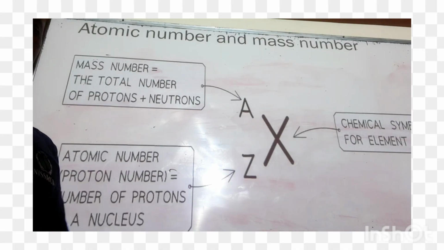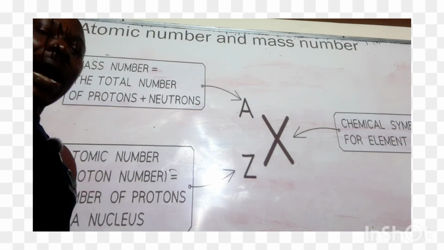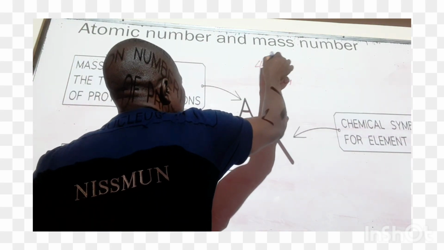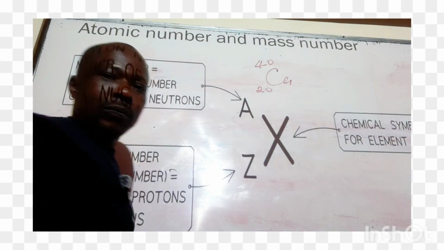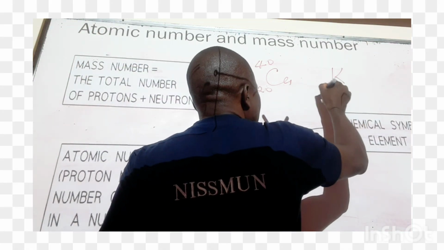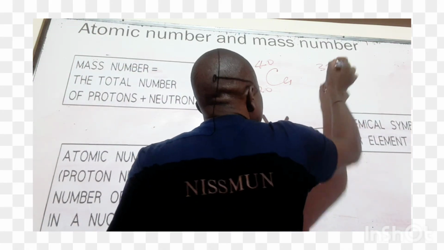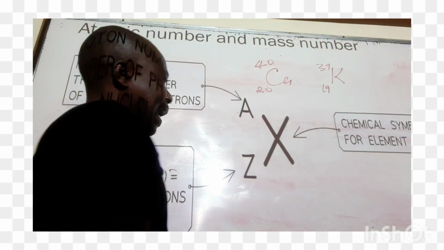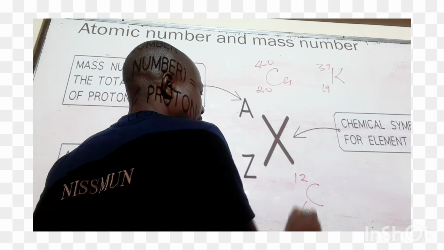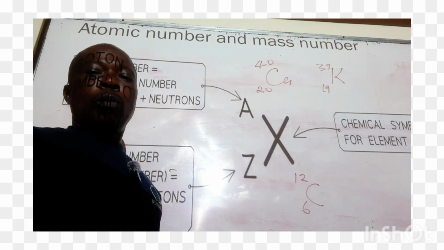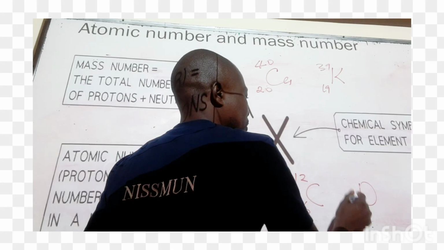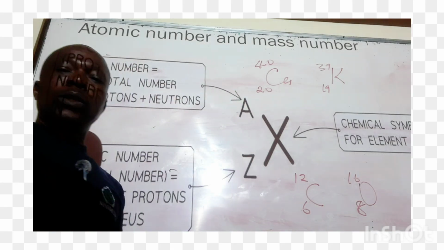So this X could be an atom of calcium, Ca 40 20, an atom of potassium, K 39 19, an atom of carbon, C 12 6, or an atom of oxygen, O 16 8.